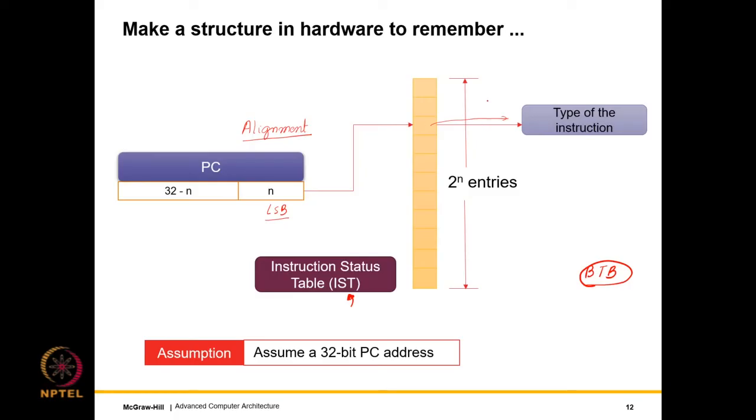Now let us see what are the potential problems with this design. What is good with this design is that we can quickly map the program counter to one entry within a table, find out the last time we had encountered this program counter, what was the status, the type of the instruction, and read it.